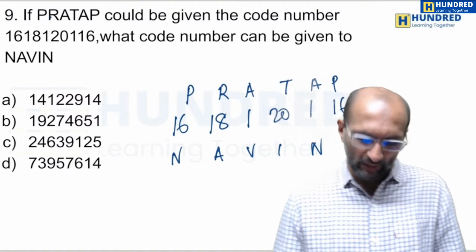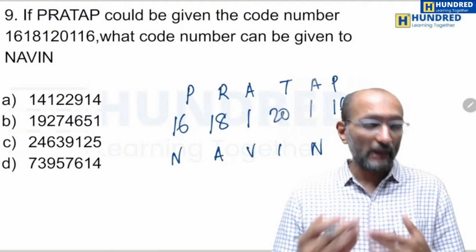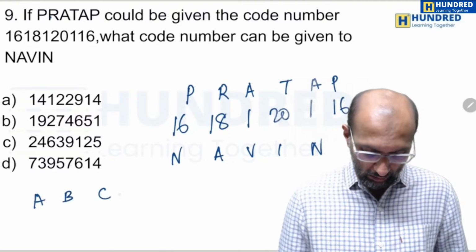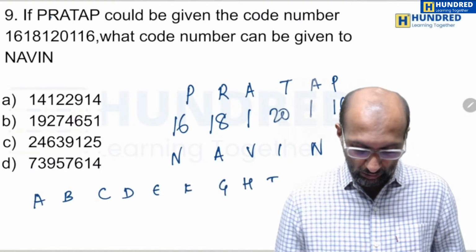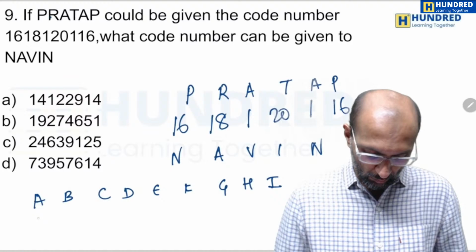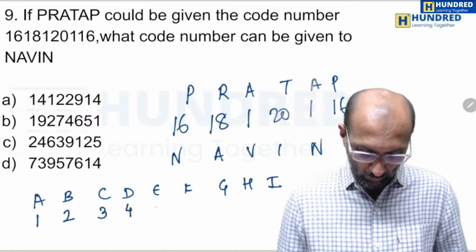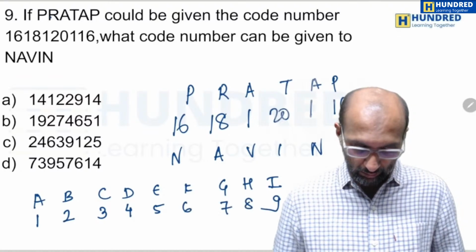So let's see, I will try solving this completely, so that you also understand the pattern. Okay, so let's see, A, B, C, D, E, F, G, H, I. So 1, 2, 3, 4, 5, 6, 7, 8, 9.